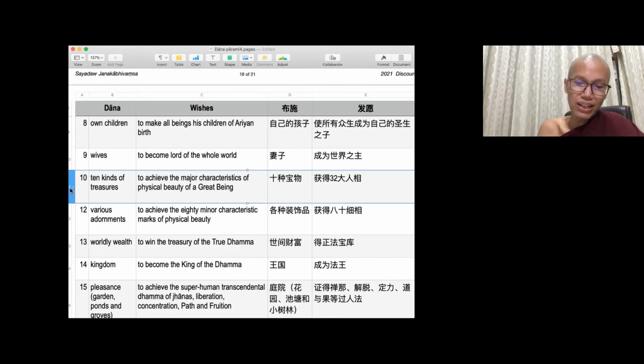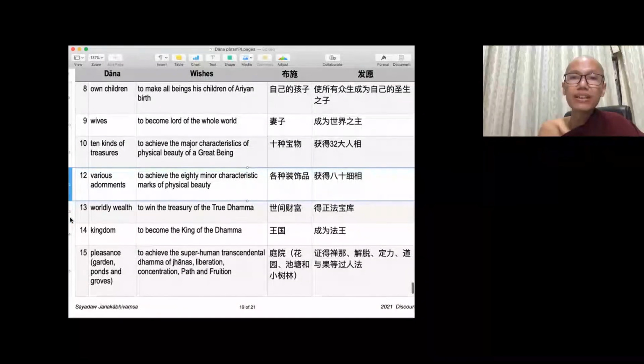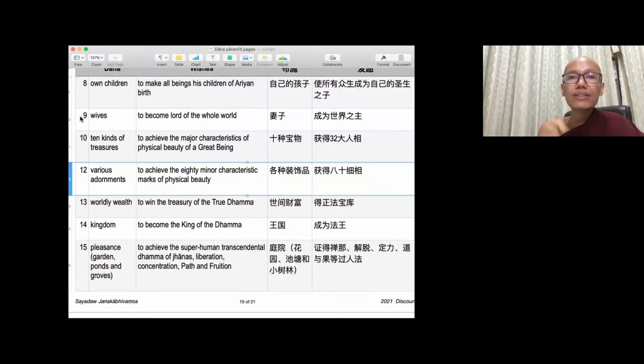Okay, next one is various adornments. Here in Myanmar, actually, there is a storeroom, you may say, to put many properties, different kinds of properties.